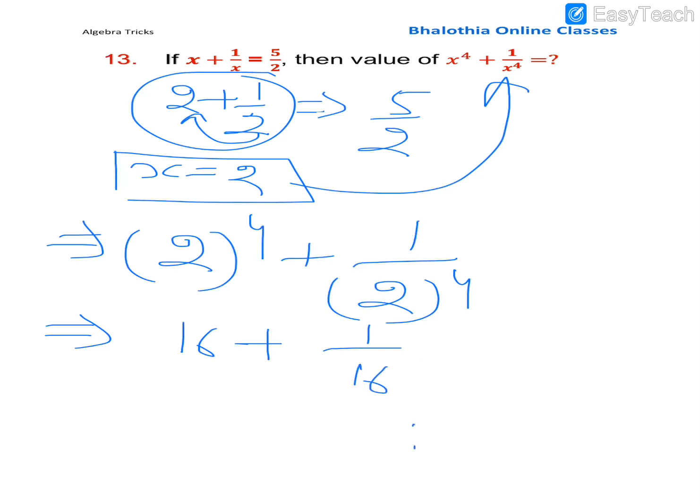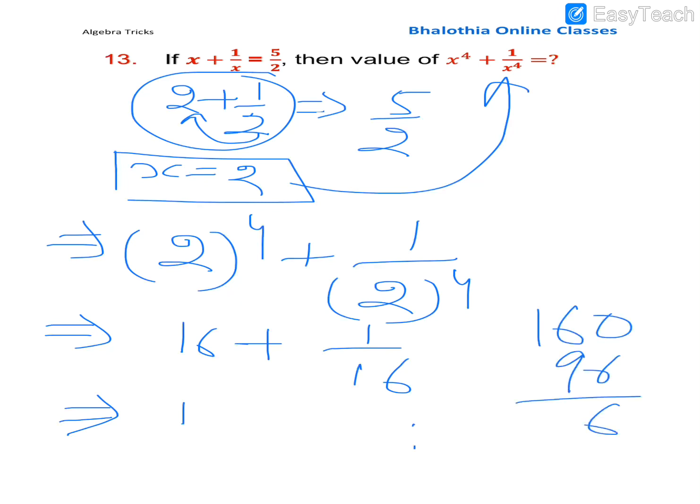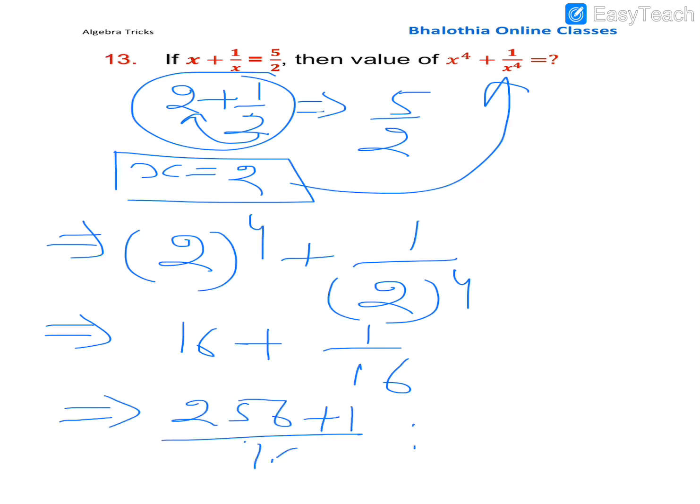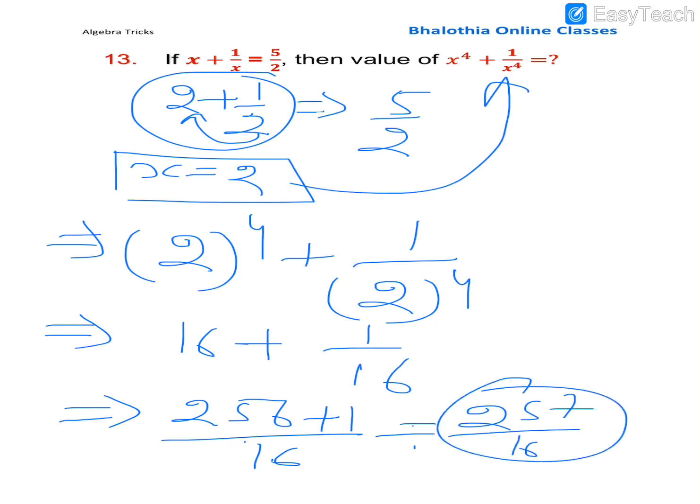So what is 16 into 16? Okay guys, sorry, it will become 256. So our answer will be 256 plus 1 by 16, so that will become 257 by 16. So that is our answer in this case.